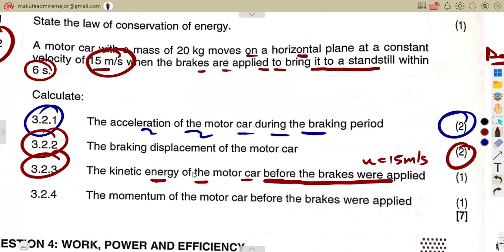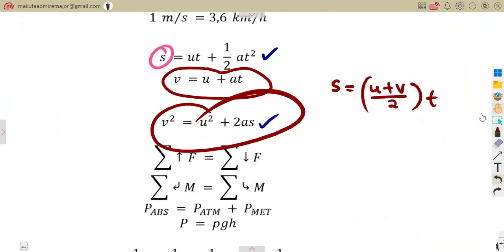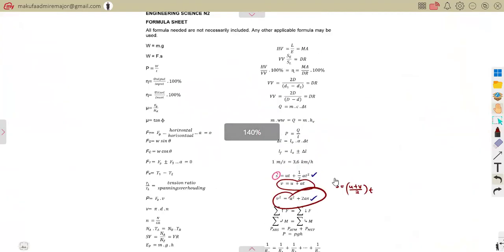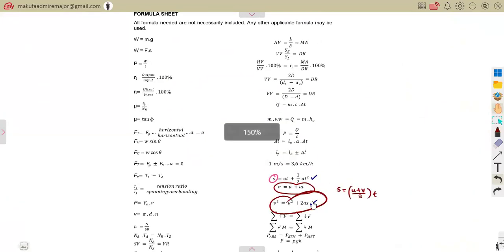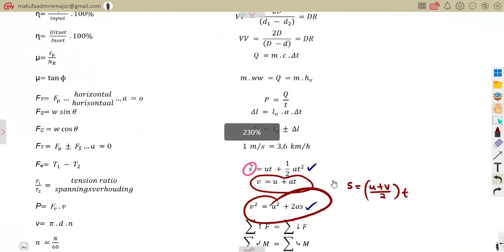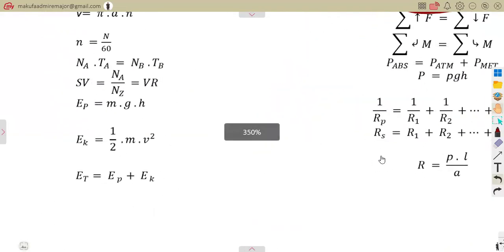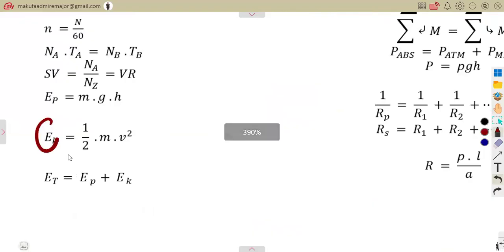So what is the kinetic energy? Remember your kinetic energy, you also have it from your formula sheet. If you've forgotten this, you can refer back to your formula sheet again. So remember that your kinetic energy is equal to half mv squared.